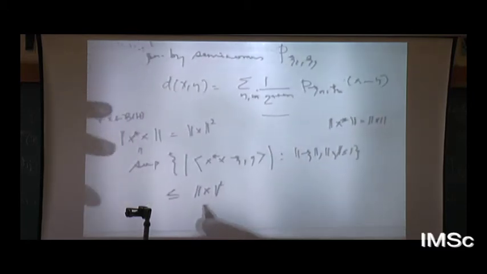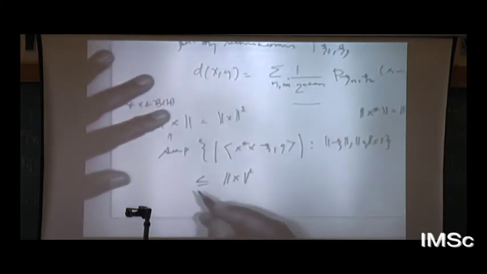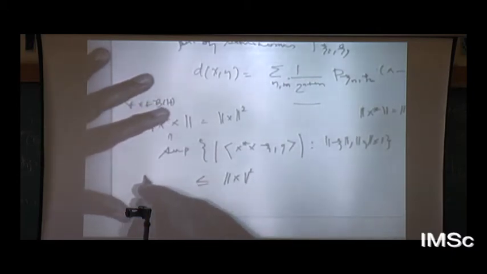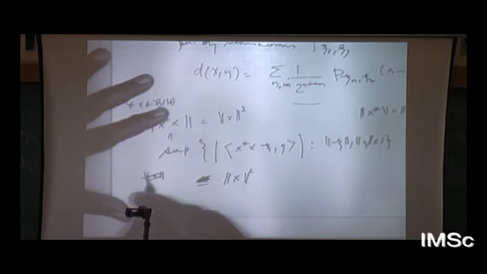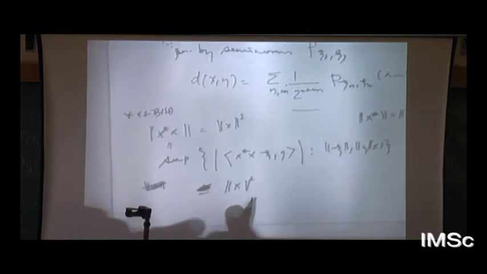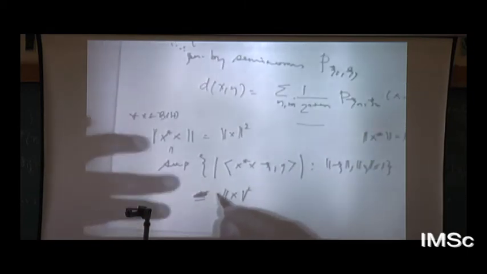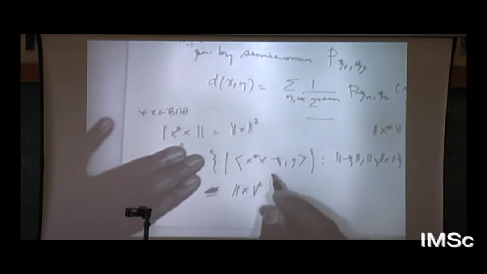Then, norm x squared I can write as, I can do it straight away, norm x squared is also equal to this, the sup of inner product of x xi and eta.